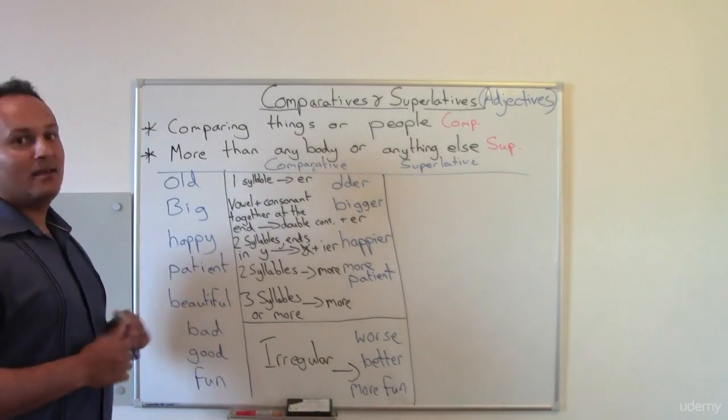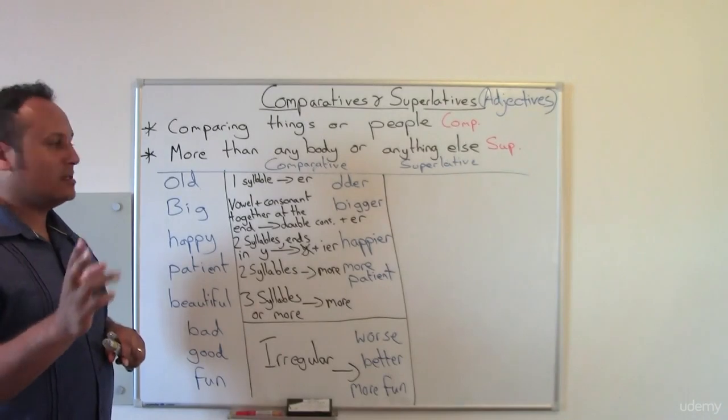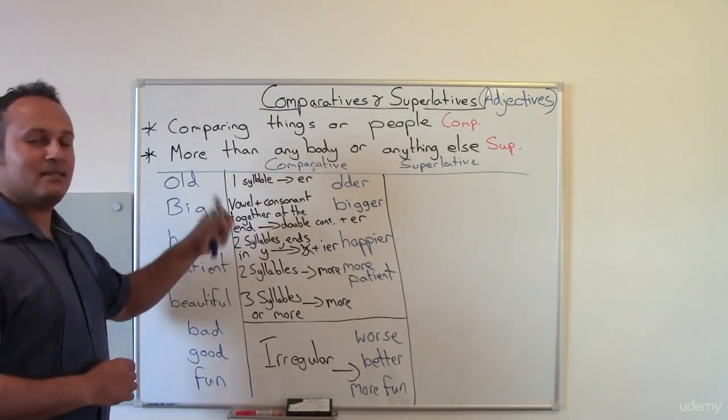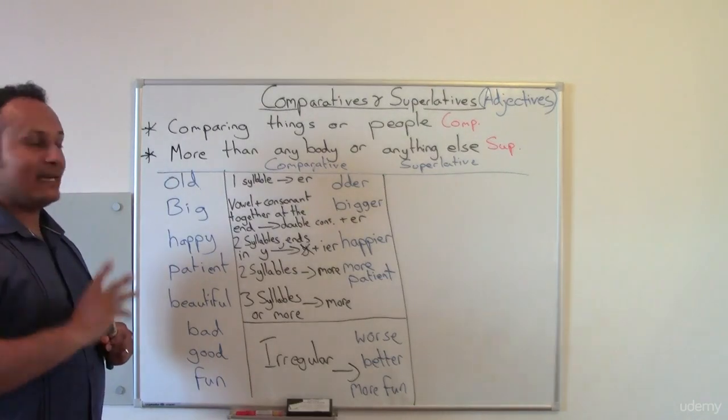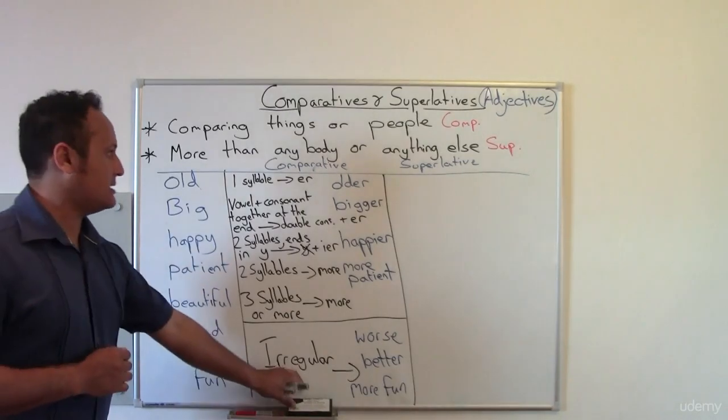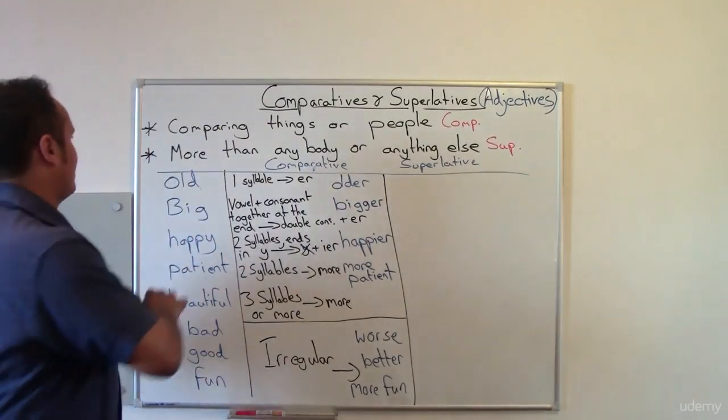These are the comparative rules when it comes to writing sentences using adjectives in the comparative. I said writing sentences, so why don't we have an example of writing a sentence? I'm just going to rub these out at the top.